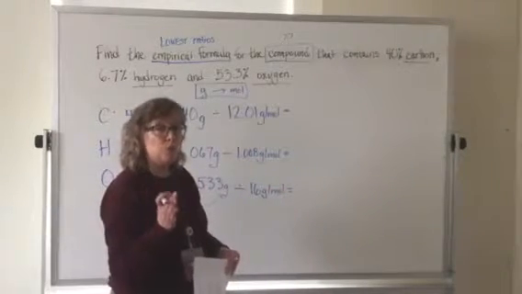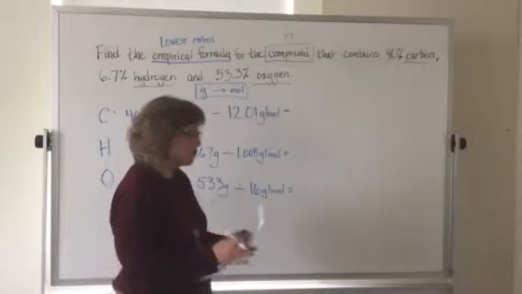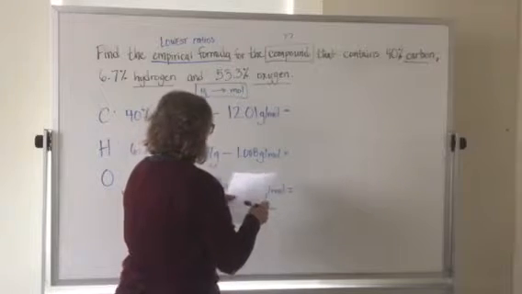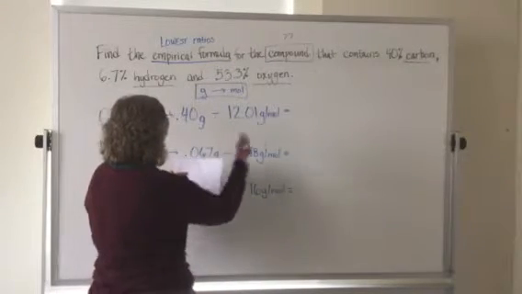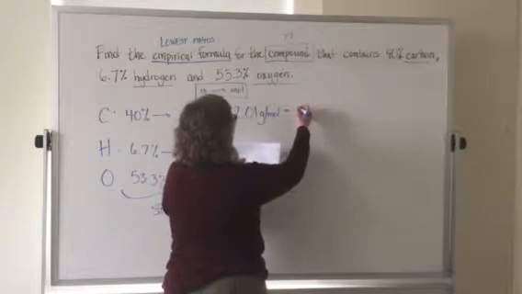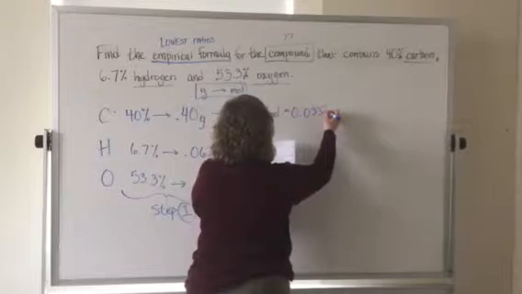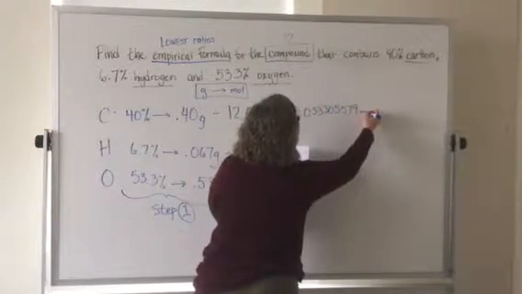Don't round your moles. We save rounding to the very end when we're counting up our significant figures. So I'm going to give you my crazy big number of moles once we've calculated. In this case, carbon is going to equal 0.033305579 moles.